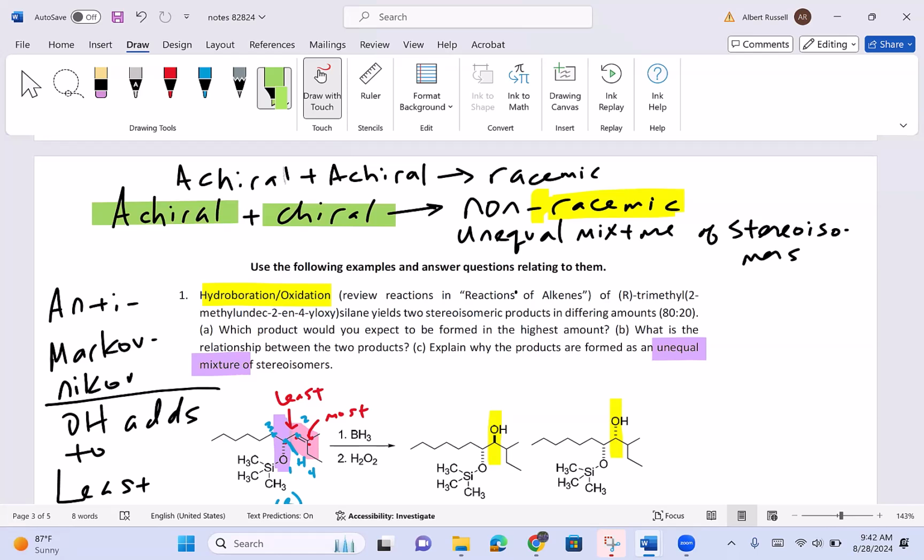So when we looked at that starting material and looked at the chiral center adjacent to the alkene, that chiral center makes the whole molecule chiral. So that's my chiral thing. And then the achiral part would just be the BH3 added to that double bond. So something chiral plus something achiral will always give you an unequal mixture of stereoisomers. All right, we're good on that part?